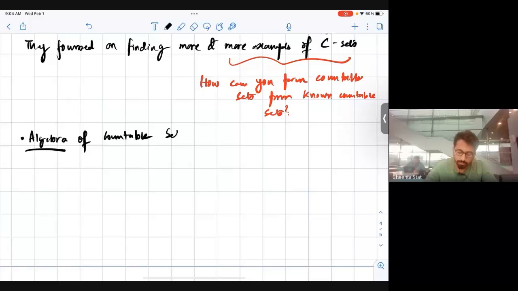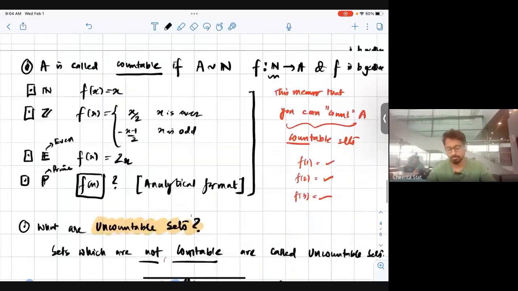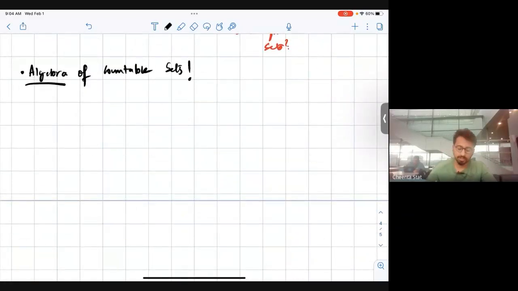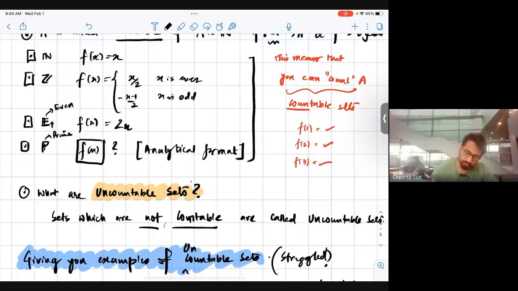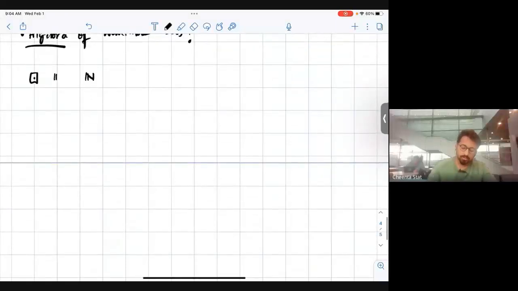The algebra of countable sets. It's very simple. First example. Let's say you have taken the natural number set, and I've given an example: the positive even number set is a subset of this natural number set, right?